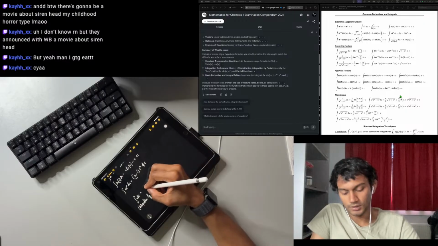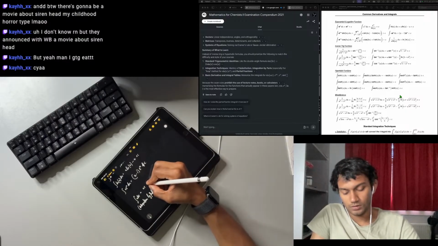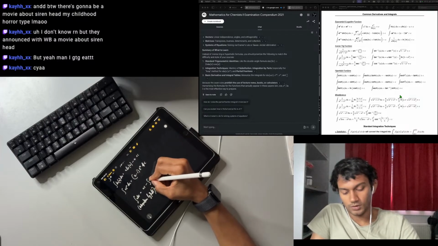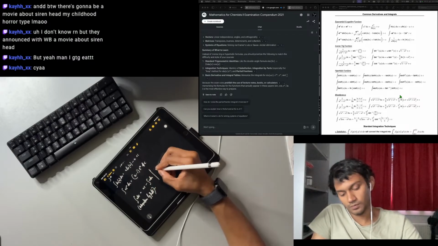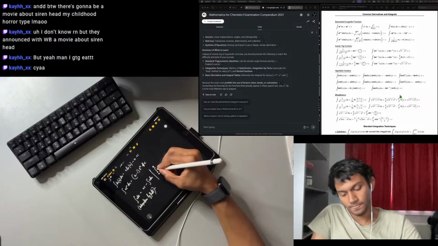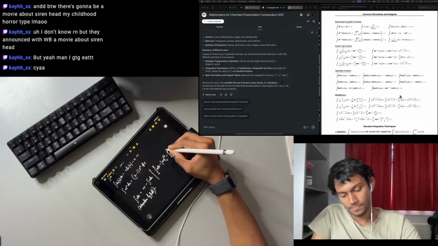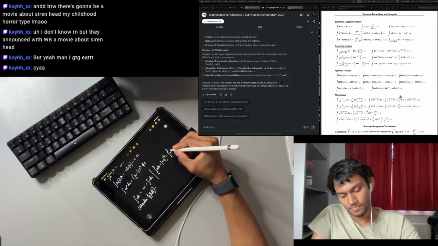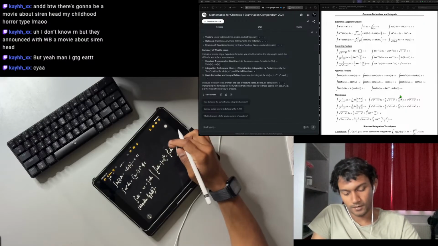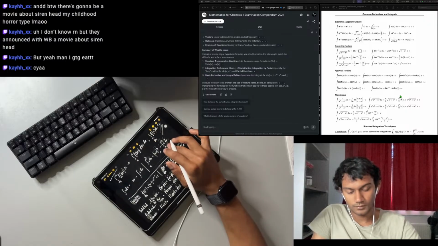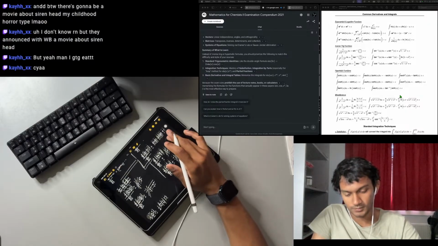Integral u dv equals uv minus integral v du. Integration by parts. Let me see how many I got right.